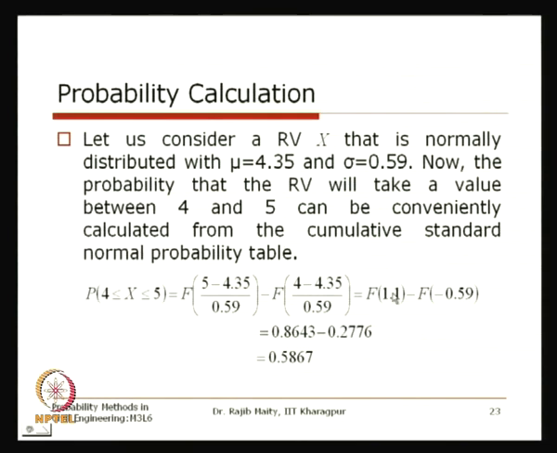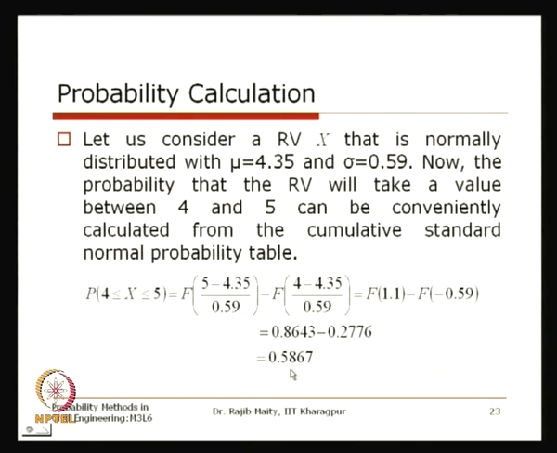This is how we read the probability for a particular value of the standard normal distribution. Similarly, we can read the value for the other limit, and deduct this probability to get the result.